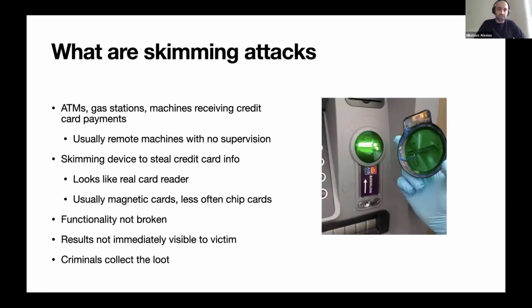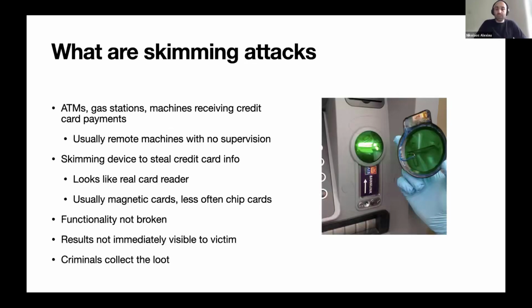Of course, they go after your credit card information, and they pick remote locations because at a later stage, the criminal will have to pass by and collect the digital equipment, which looks a lot like the actual receiver of the credit card, so that you will not be able to detect it, as seen in the image.